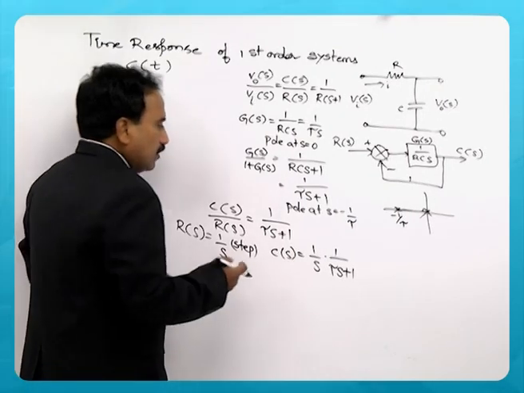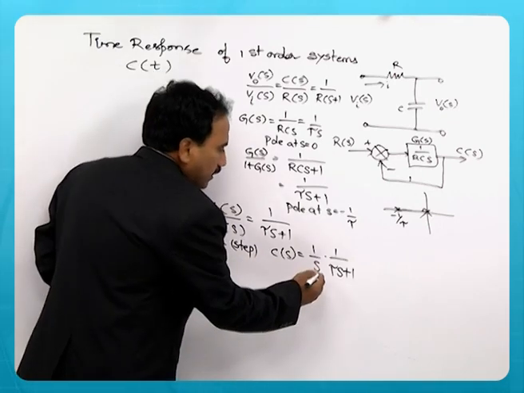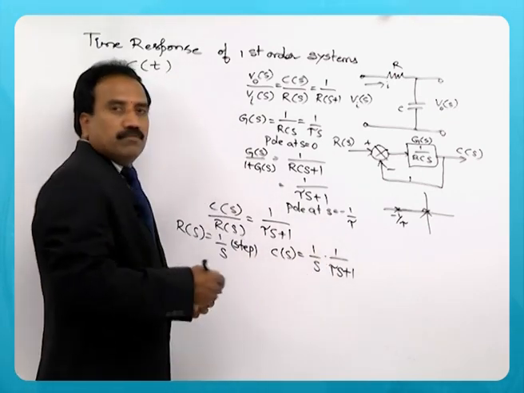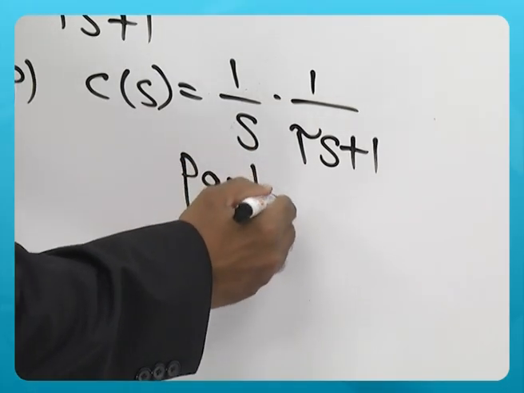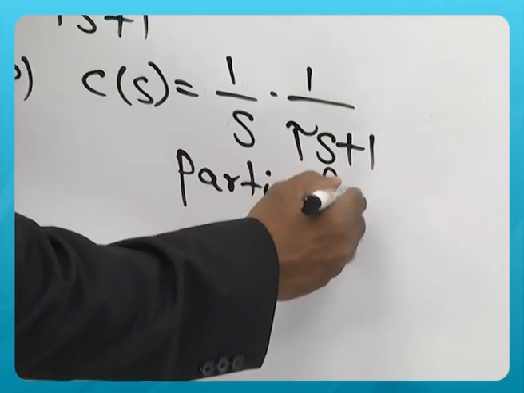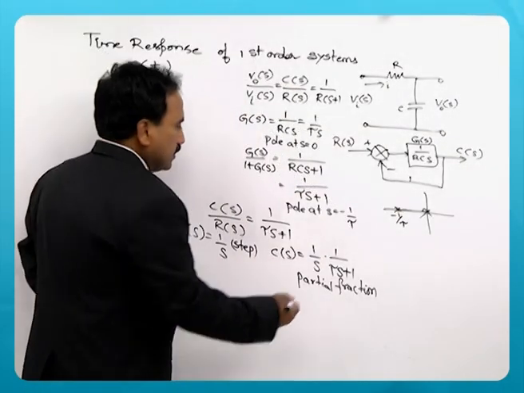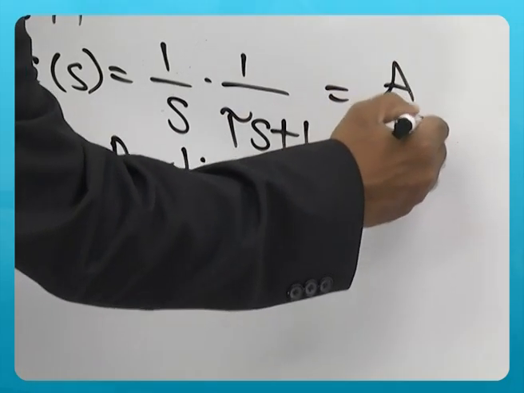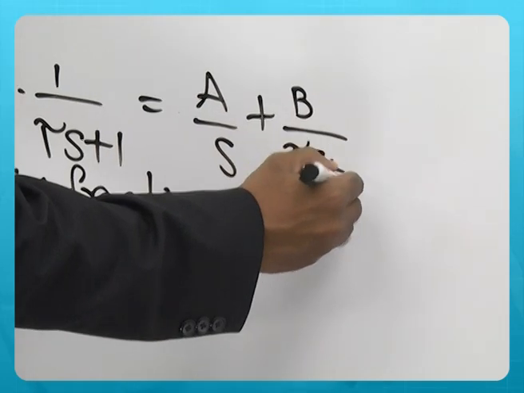I need to apply the inverse Laplace transform, but before that you need to get partial fractions. By applying partial fractions, you get this as a by s plus b by tau s plus 1.